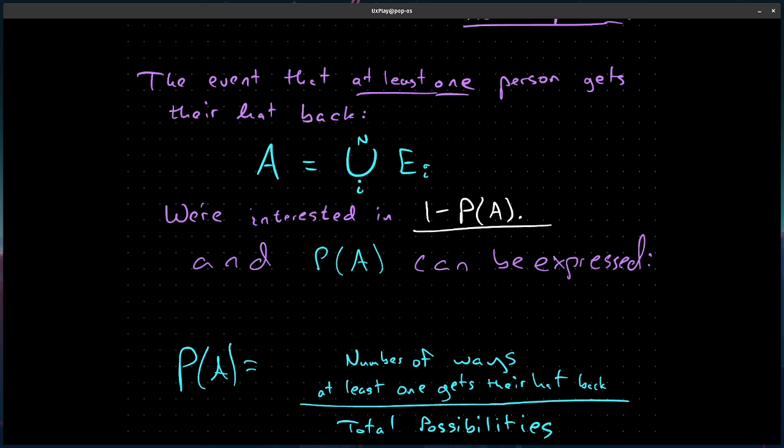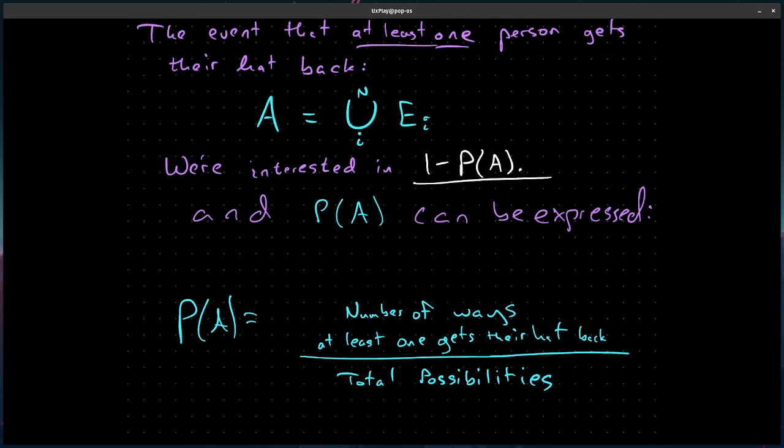So let our event of interest be A. That's the thing we're curious about calculating the probability of. In fact, we're interested in calculating 1 minus P(A), because we want the probability that no one gets their hat back, where P(A) is the probability that at least one person gets their hat back.